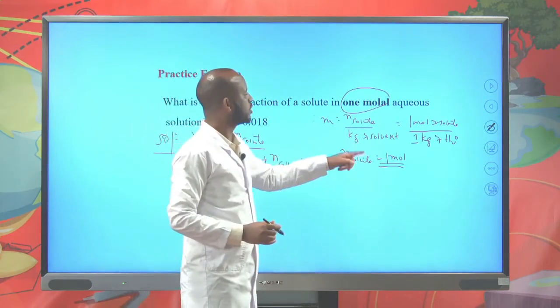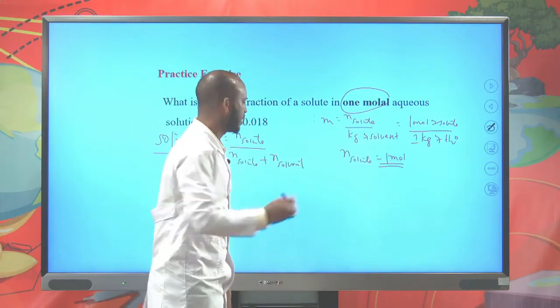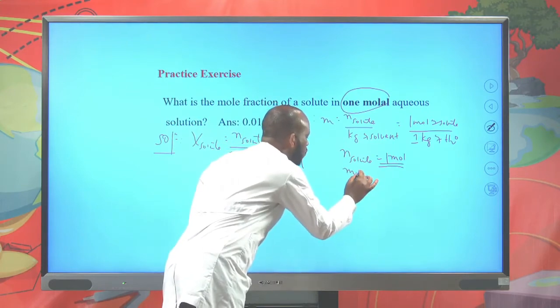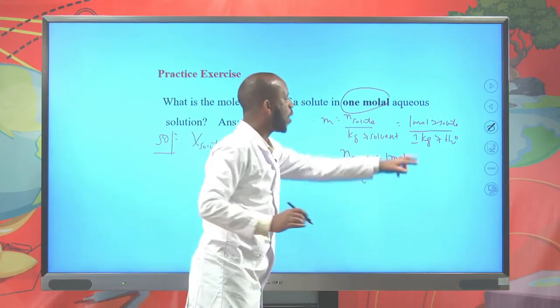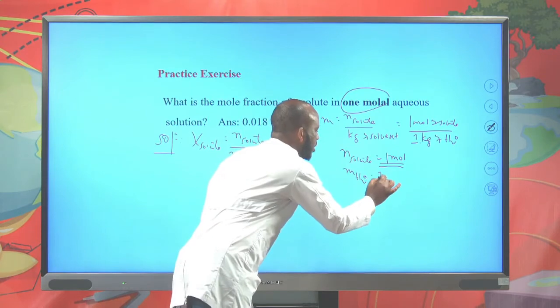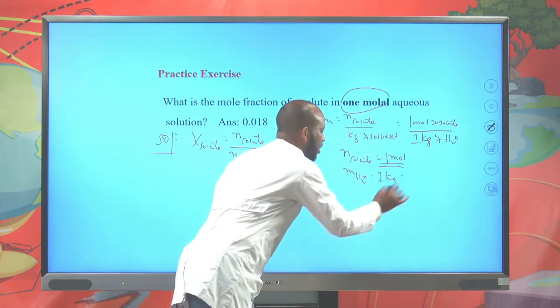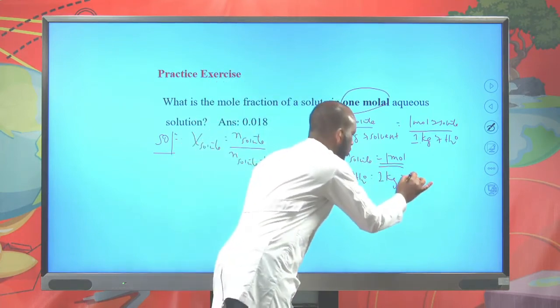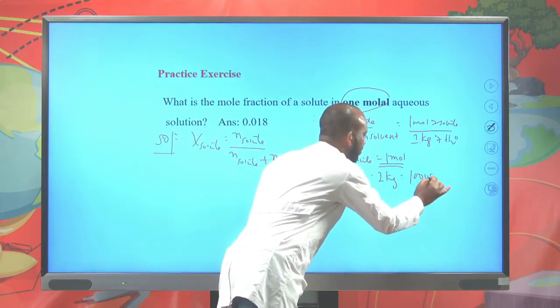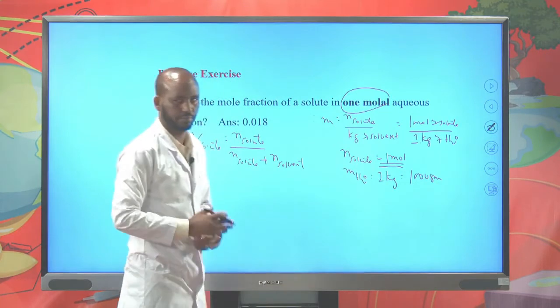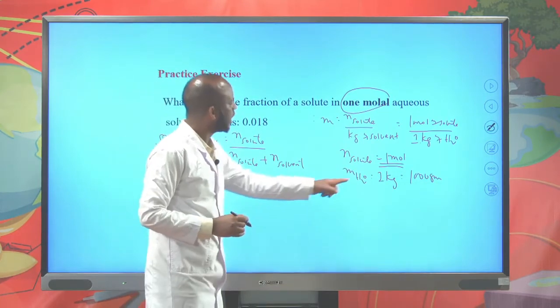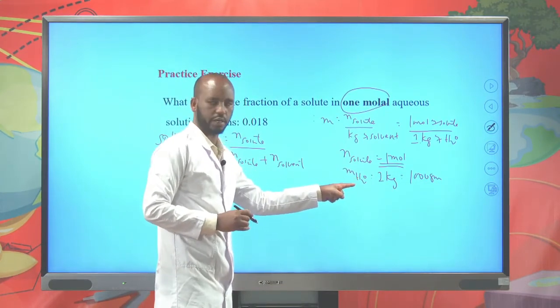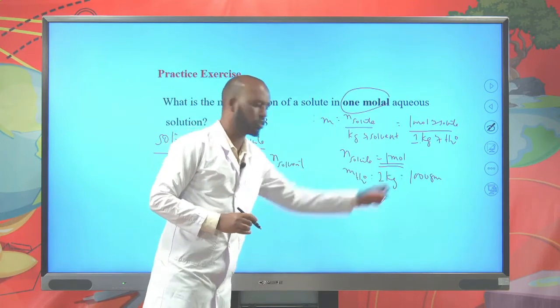Mass of solvent is 1 kilogram. Mass of water equals 1 kilogram. In gram, kilo is 10 to the power of 3, therefore this is 1,000 gram. You can calculate number of moles of water from its mass.